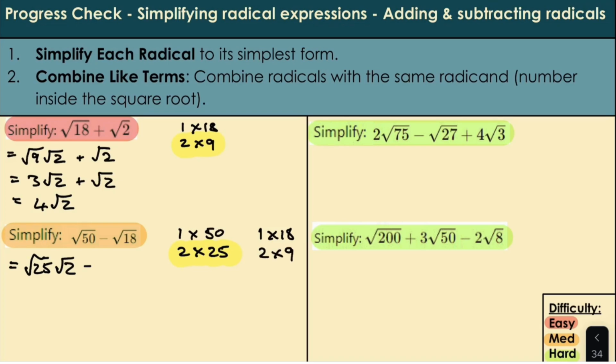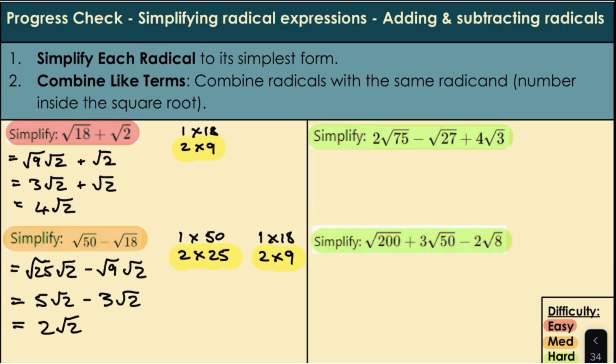Again, we see our square number 9. So we're going to say root 9 root 2. Now, the square root of 25 is 5. Square root of 9 is 3. Now it's a nice simple subtraction. We have 5 groups of root 2 minus 3 groups of root 2. That is 2 groups of root 2.